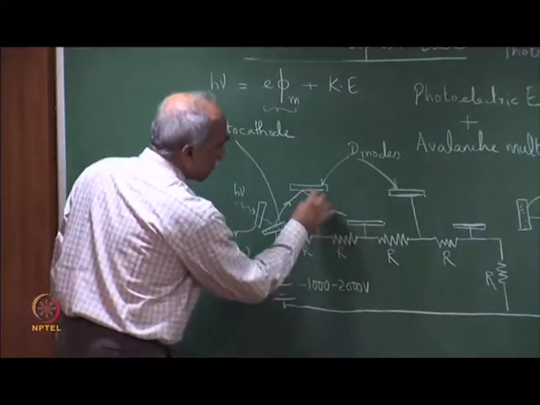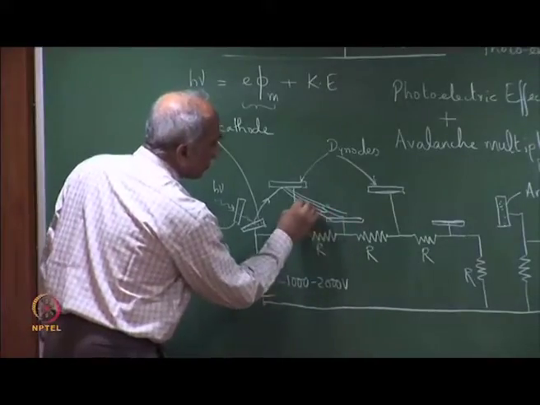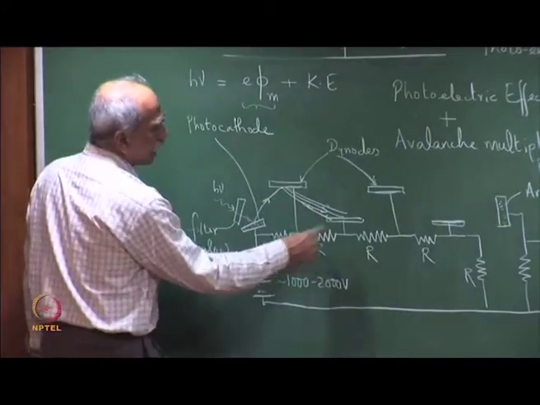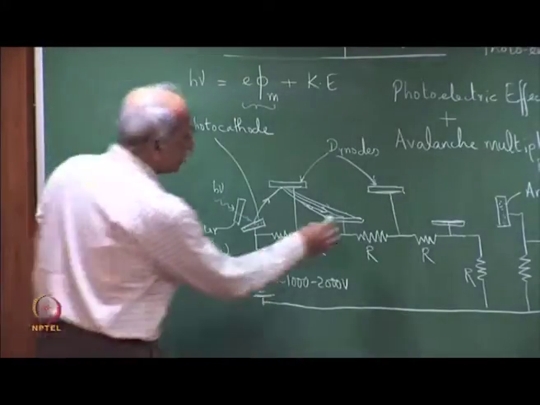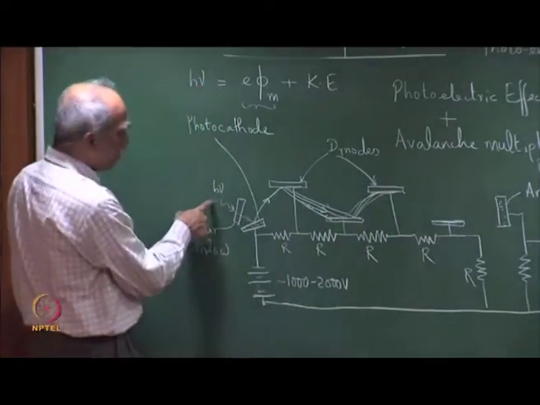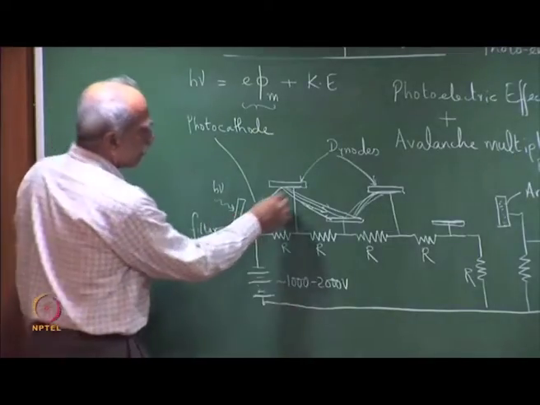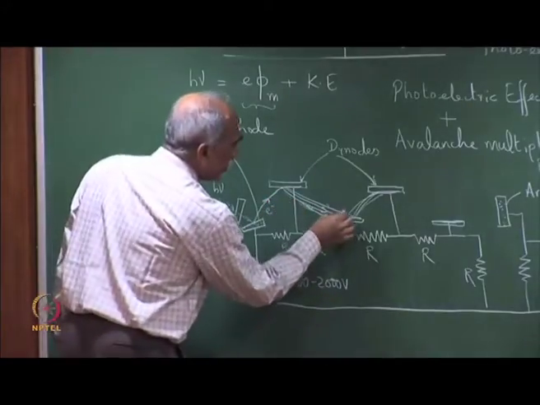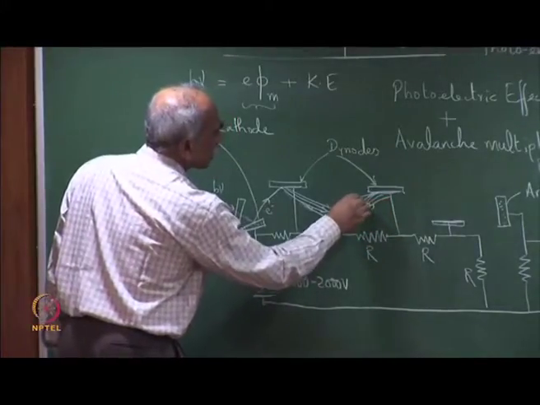The electrons released here move towards the next dynode because there is a potential difference, and they hit it with certain kinetic energy, leading to further avalanche multiplication. So, we started with one photon releasing one electron, which in turn releases further electrons, leading to more and more electrons, and this kind of avalanche process takes place.